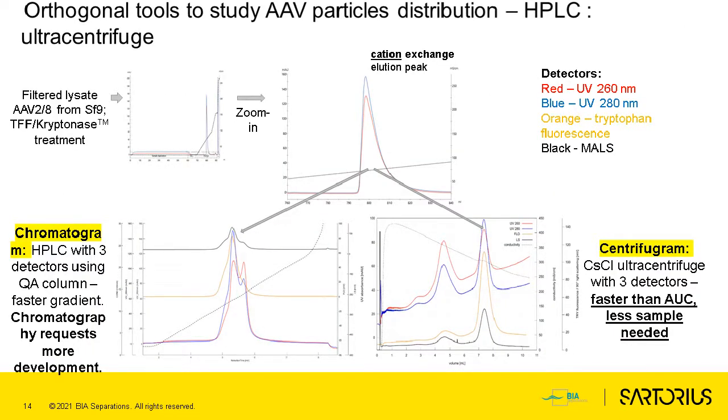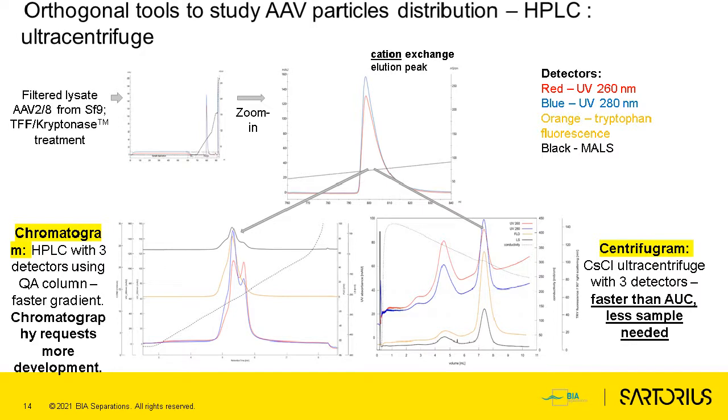If we now look at the usage of this approach, we usually start in our development this way. We pre-purify the AAV on the cation exchanger. We take part of this fraction and run the ultracentrifuge. You see on the right chromatogram down that whatever comes out at the very beginning is the densest material.